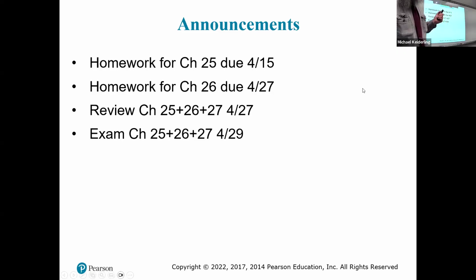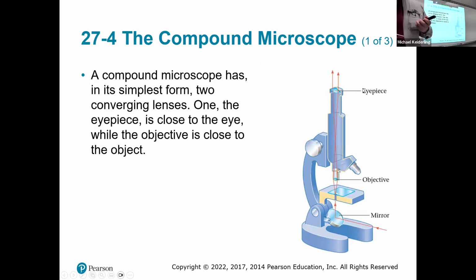So, continuing chapter 27 about optical instruments. We have the compound microscope, which in the simplest form has two converging lenses.